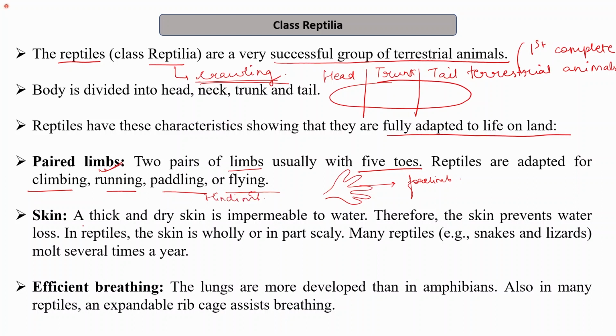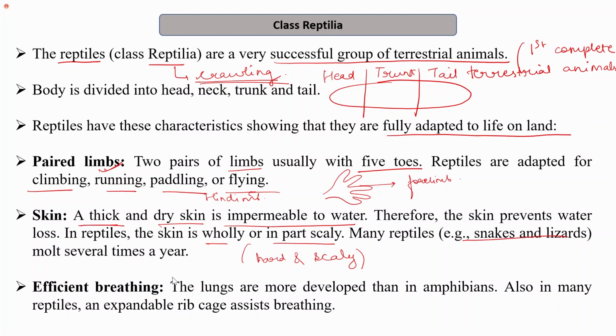The skin is thick and dry. It is impermeable to water, therefore it prevents water loss from the body. In reptiles, the skin is wholly or in part scaly, hard and scaly. Many reptiles, for example snakes and lizards, molt their skin several times a year.